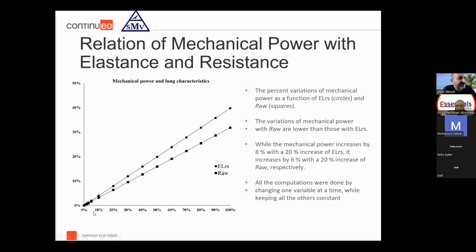So the more the respiratory system elastance gets worse, say the elastance, for example, was 40 and became 50, 20%, of course, the mechanical power will increase. And the mechanical power will increase by 6% with a 20% increase of resistance.